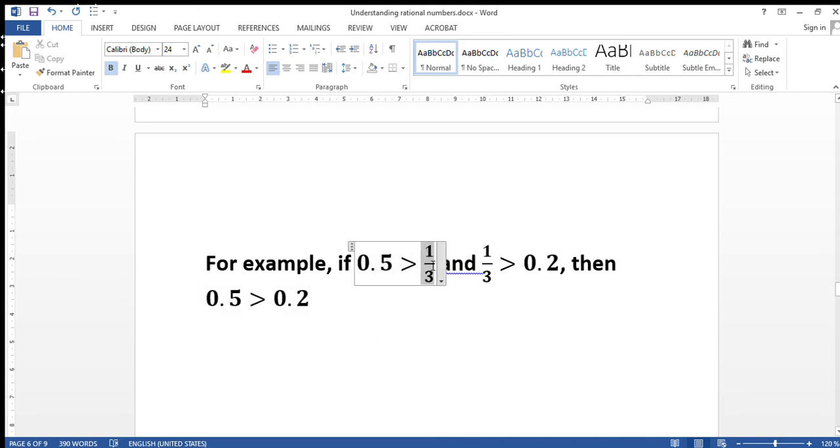For 1 over 3, we can just say 1 divided by 3. 1 divided by 3 cannot be done directly, so we add a decimal point and then add 0 after 1. So now we have 10. We have 10 divided by 3.